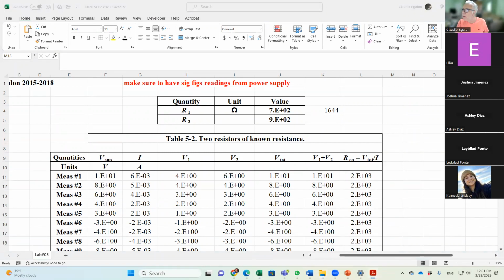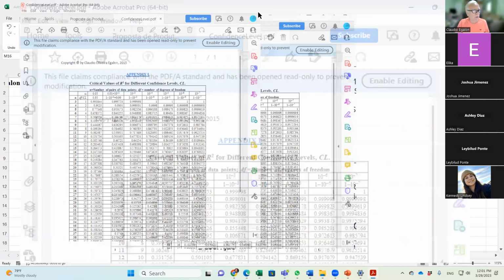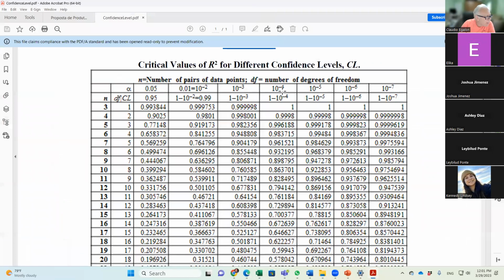Now, here you go. Let's say you have 6 data points. And then you get a number that's more than that, right? Maybe that's what you're referring to. Yes, sir. Okay, what does it mean?